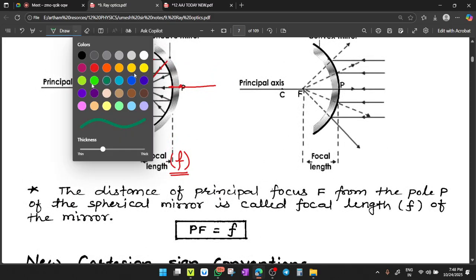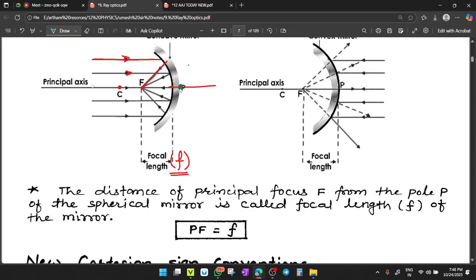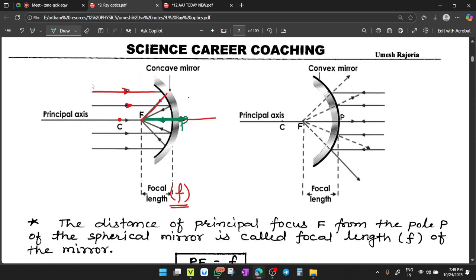Now, remember, each and every distance should be taken from the pole. So now tell me, to reach the point F, do you have to move leftward or rightward? From P to F, do you have to move leftward or rightward? Yes, exactly, leftward.